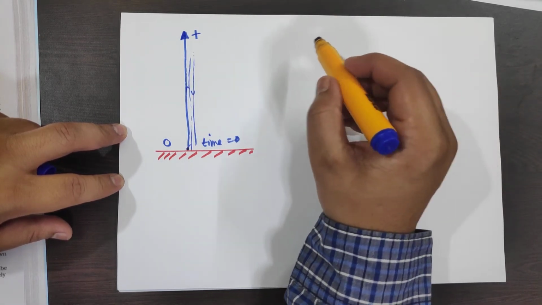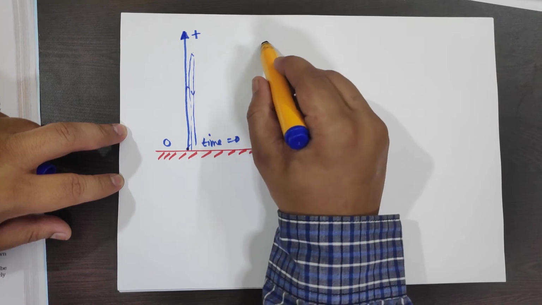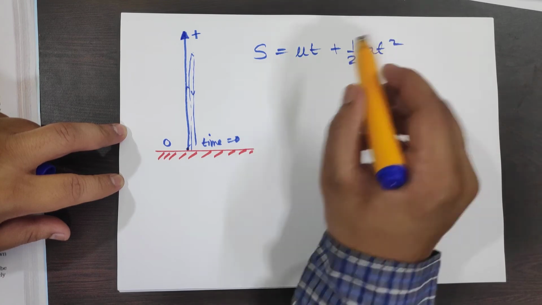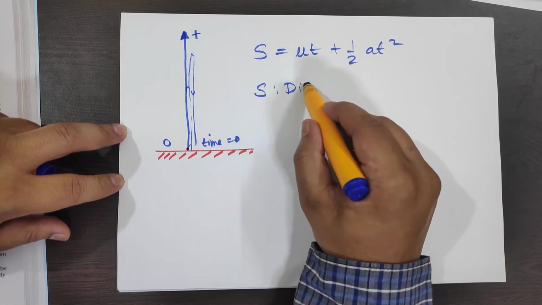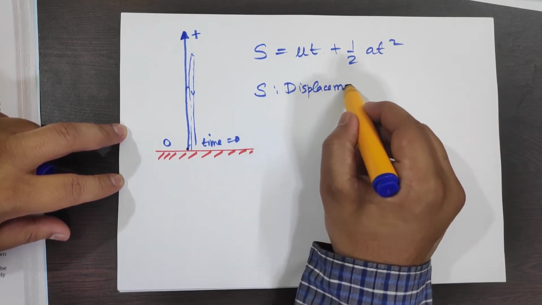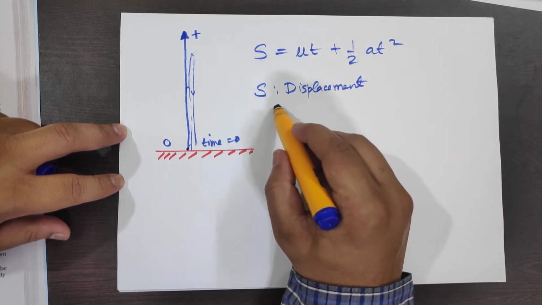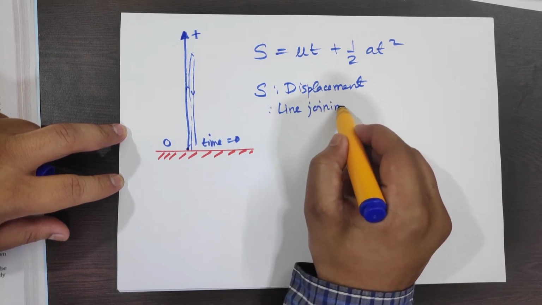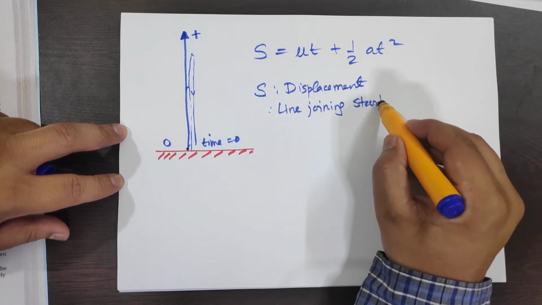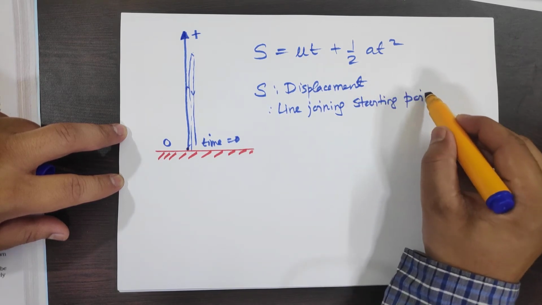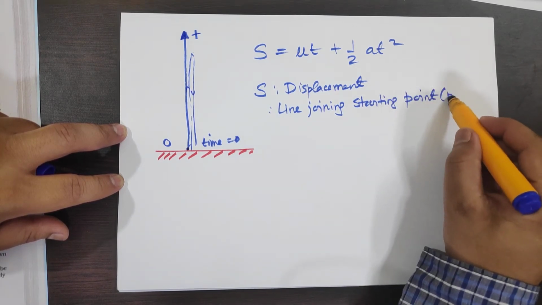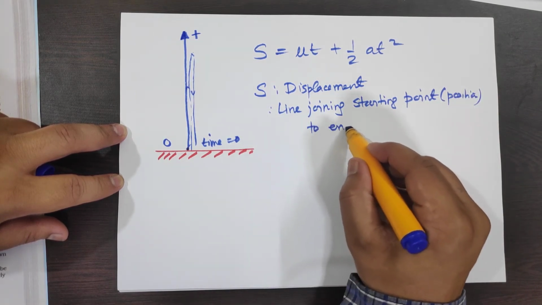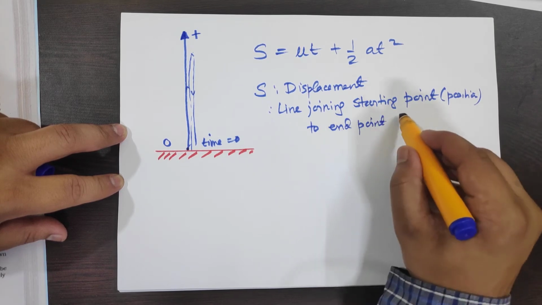I can write this equation ut plus half a t square. Now what is s? s is displacement, right? Displacement is a vector, a line joining the starting position to the final position, the end position.